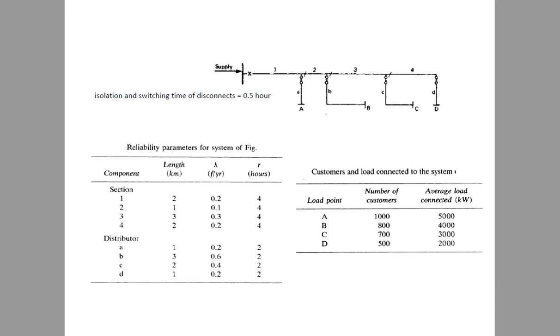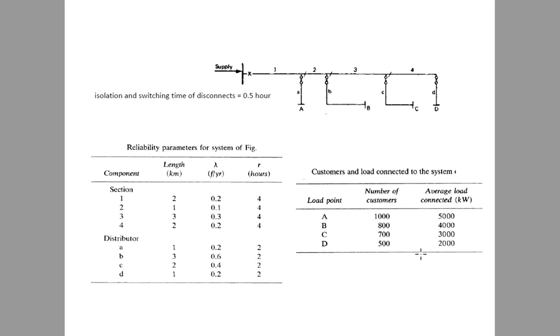Now we again take this sample example and see how the disconnect affects our reliability indices. This is again the reliability parameter table for this single line diagram. Lambda represents the failure rate and R represents the repair rate.